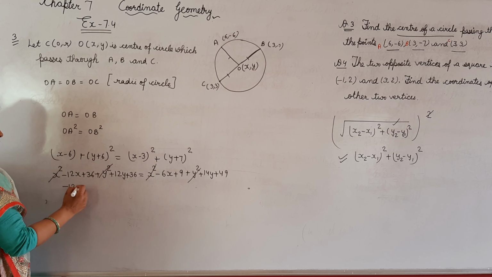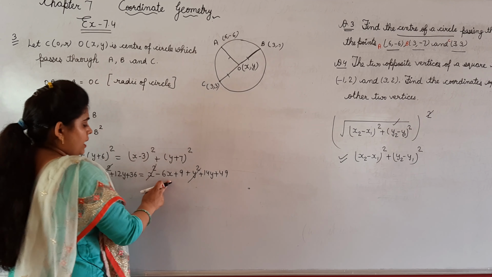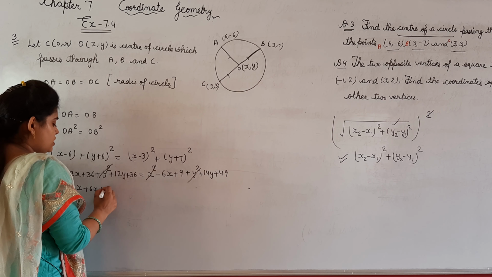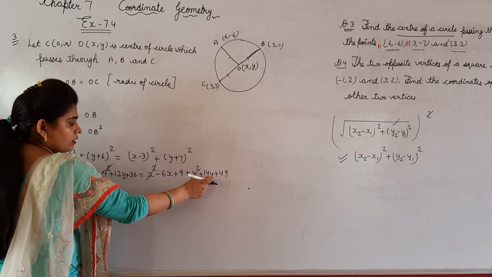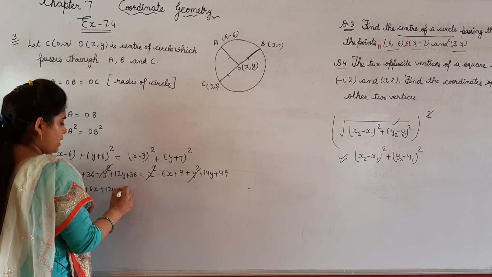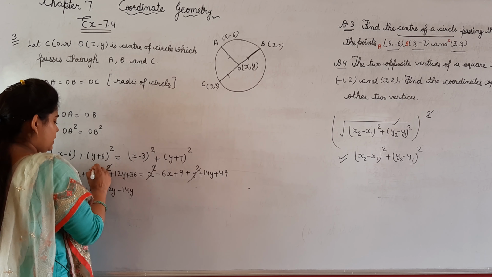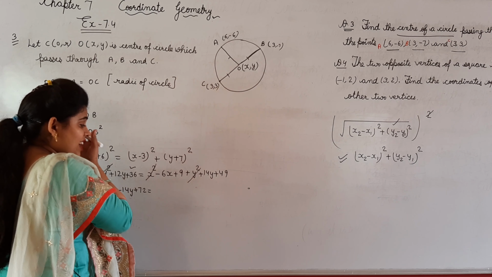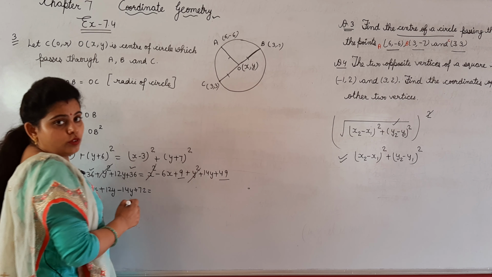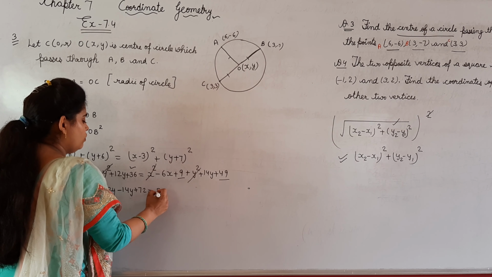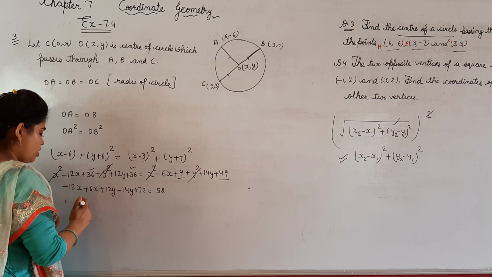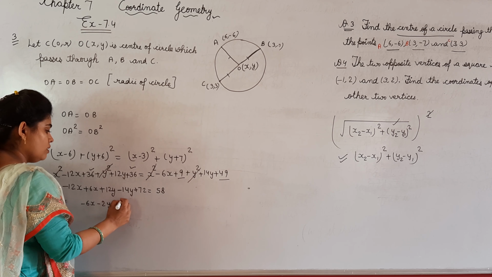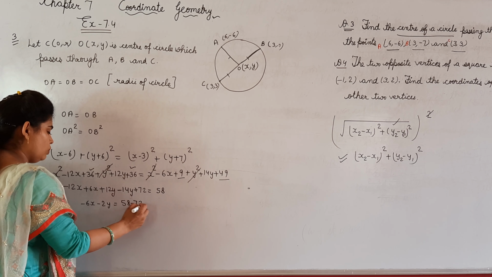Minus 12x minus 6x, it will become plus 6x plus 12y. This 14y will become minus 14y. 36 plus 72. And from here what is left? 9 and plus 49. What will we get? 58.